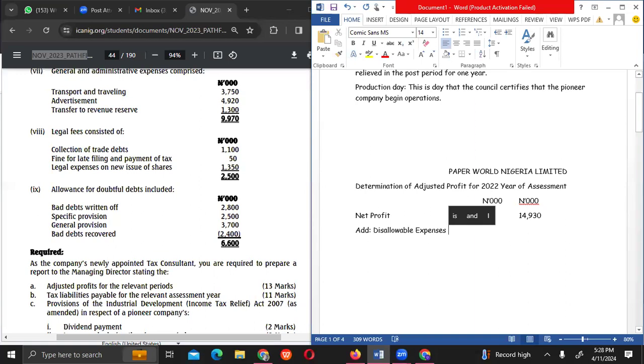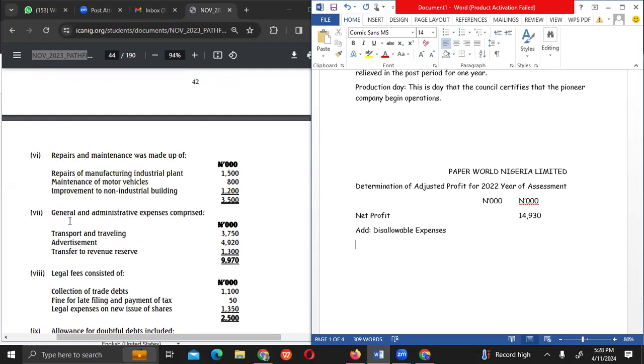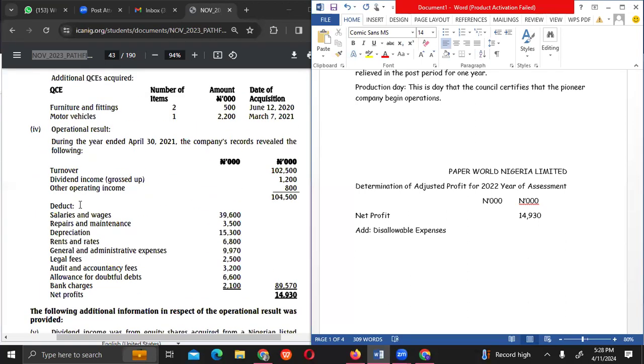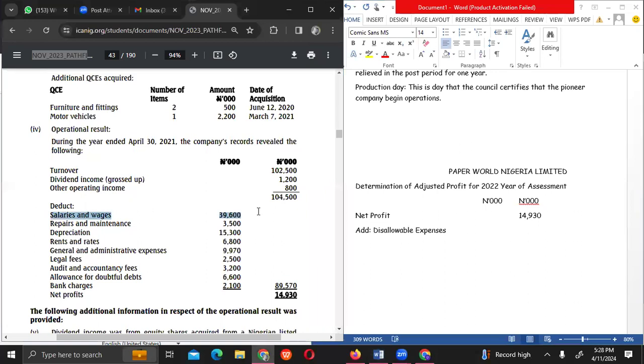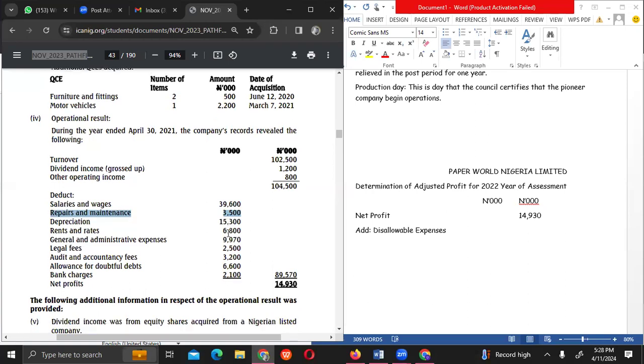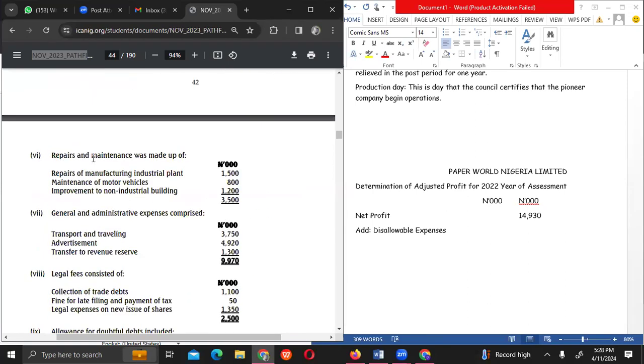Right. So let's look at the disallowable expenses. We have salaries and wages allowed, repairs and maintenance, depreciation. Let's pick them line by line. This repairs and maintenance is an issue. So let's look at the additional information regarding repairs and maintenance.